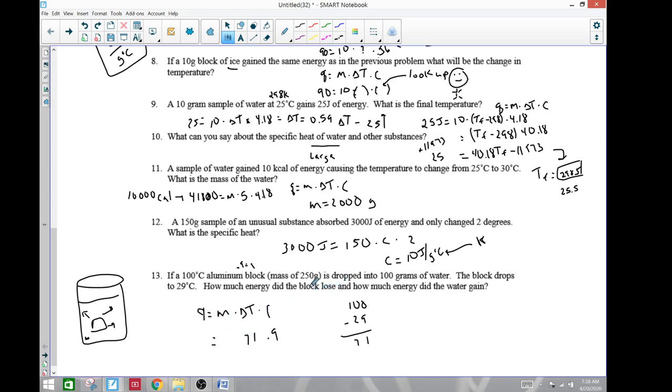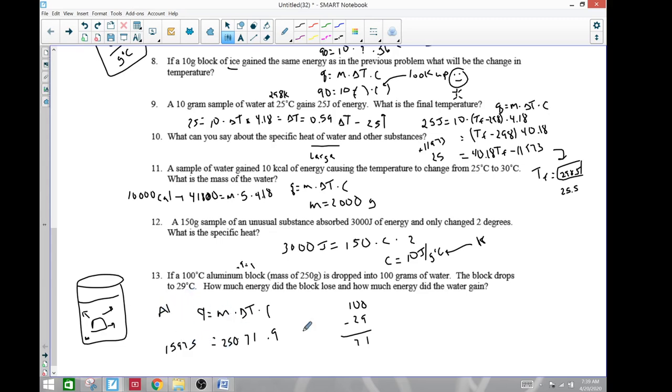So aluminum block mass of 250, and we solve for Q. So 250 times 71 times 0.9 equals 15,975. Now this is with the aluminum version.